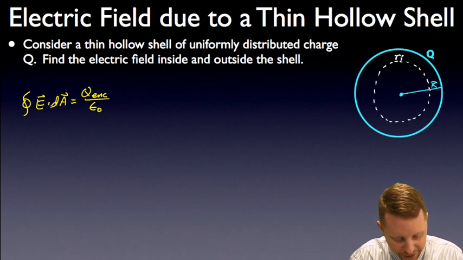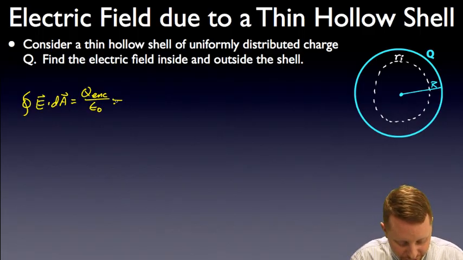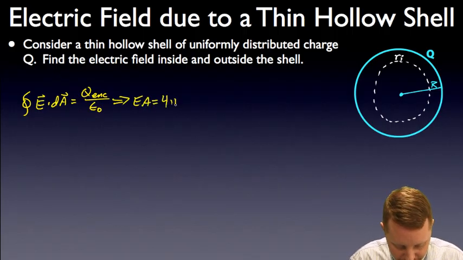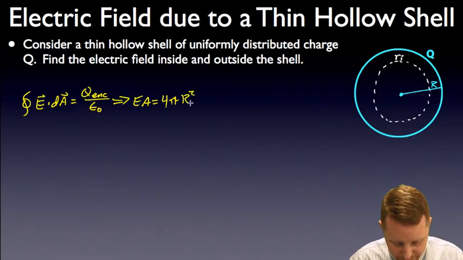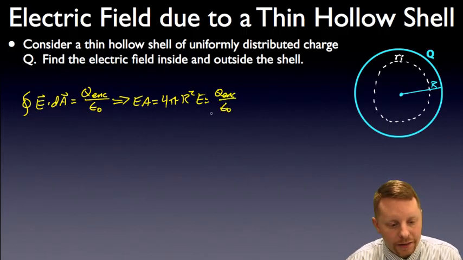That's going to come out of the integral sign, and the integral over the closed surface of dA is just A. So really what we get on the left-hand side is EA, and our area is 4 pi r squared again. So 4 pi r squared E equals Q enclosed over epsilon naught.